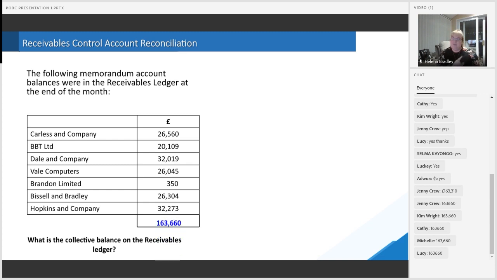But if my memory serves me right, that is different from the control account balance. And that's where this module is different, because what we now need to understand is why. Is there a difference between the control account and the ledger account balances in the receivables ledger? Because remember, the control account is just summarising all the lower ledger activity.